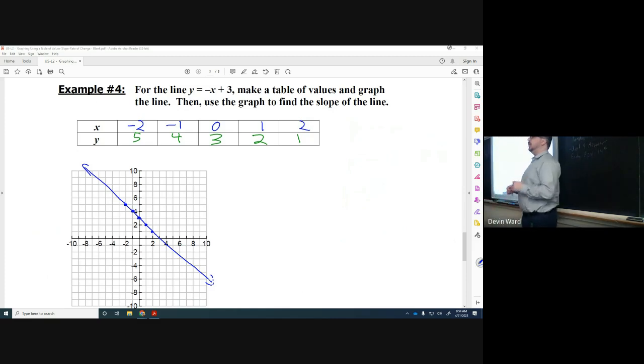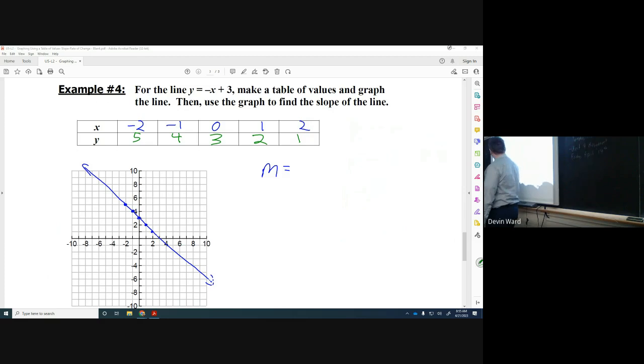So do you want to use rise over run or y2 minus y1 over x2 minus x1? Rise over run? Okay. So let's start here.